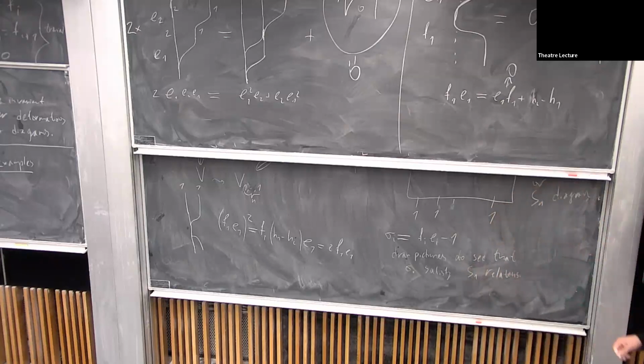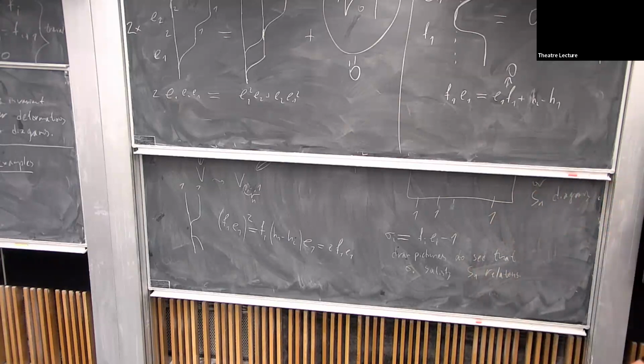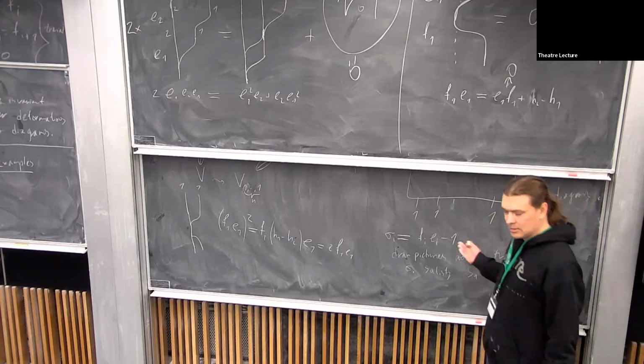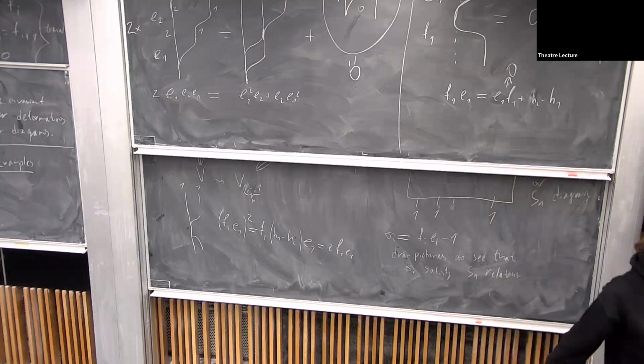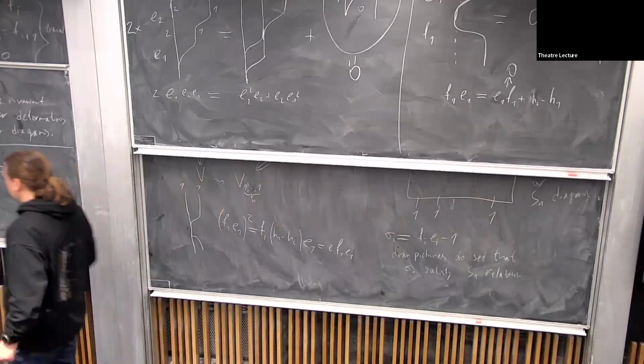For instance, sigma i commutes with sigma j. If they're far apart, you just slide the pictures. But with i and i plus one, it is a little bit more work. But at least you can see that the initial GLN relations are cubic and the SN relations are also cubic, with degrees, you can say. Cool.